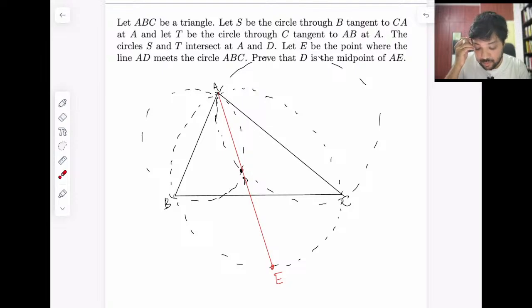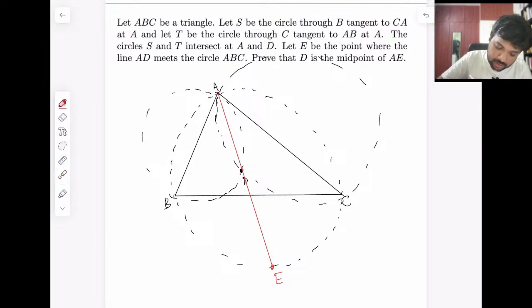So Rishon says, aren't B, D, C collinear? What? Why? Because by Thales theorem, ADB. Sorry, AB is not the diameter. Rishon, I'm sorry, am I wrong? AB is tangent to that circle. We should name the circles.